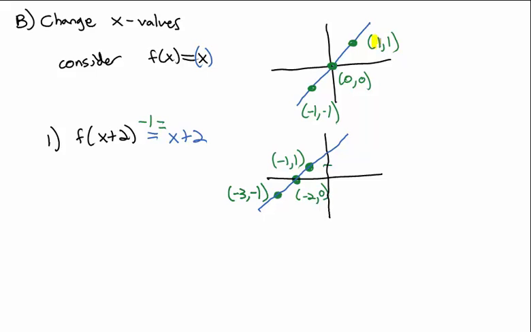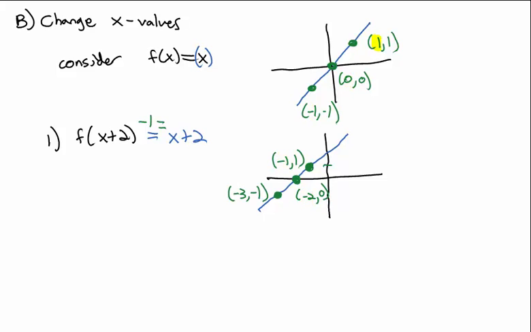Notice our x's went from 1 to negative 1, from 0 to negative 2, from negative 1 to negative 3. When we add 2 to the x-coordinate, it seems our graph actually has subtracted 2 from each x-coordinate.